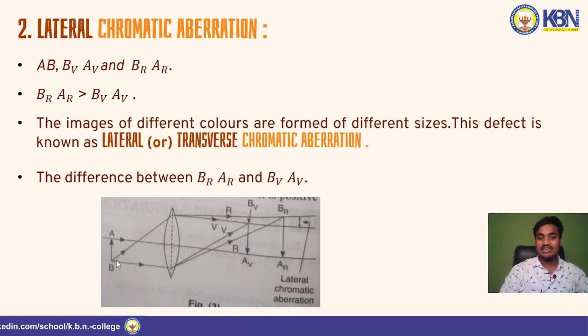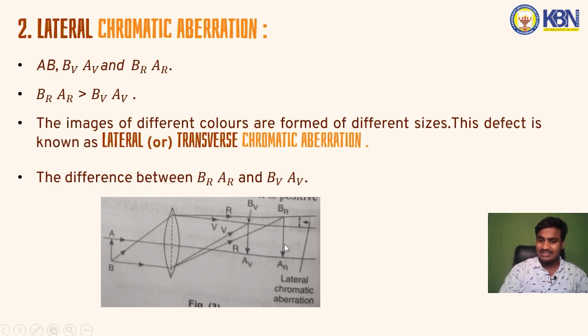Here you can see that the object and the images are inverted. Moreover, there is a difference in the height of the images of the red and violet colors. The red color image is greater than the violet color image.